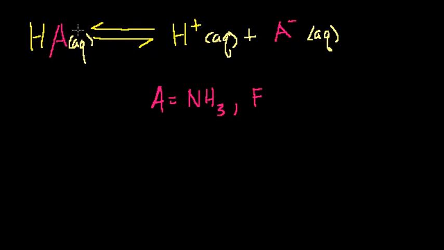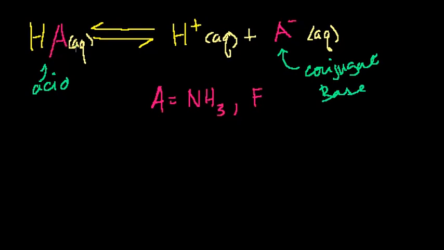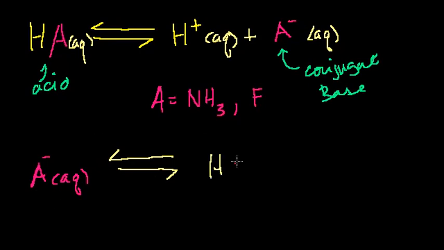So we learned in the last video that if this is the acid, then this is the conjugate base. And we could write the same reaction essentially as more of a basic reaction. If I start with A minus in an aqueous solution, that's in equilibrium with this thing grabbing a hydrogen from the surrounding water and becoming neutral.